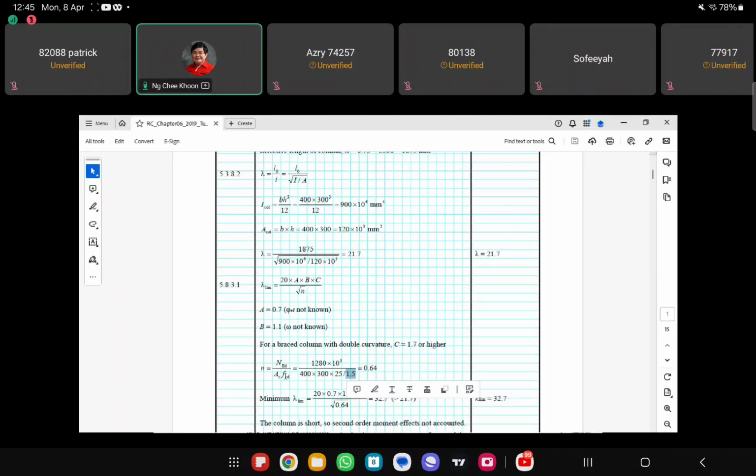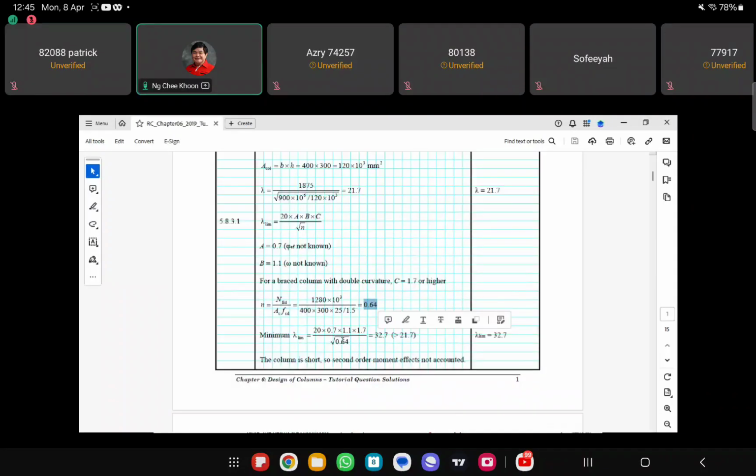So this design stress of your concrete column is the characteristic strength of 25 over the partial safety factor of 1.5. So in this case, the small letter n is 0.64. So we just calculate the lambda limit using 20 times A times B times C over the square root of 0.64, right? So I get 32.7.